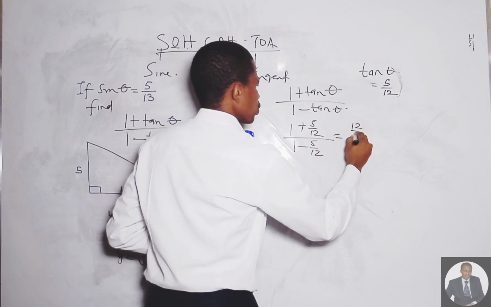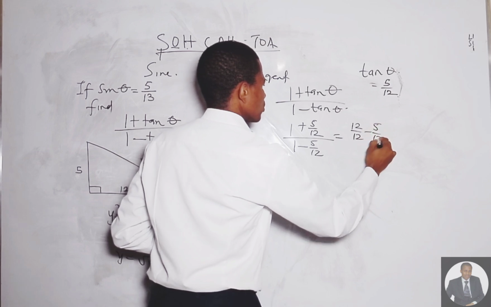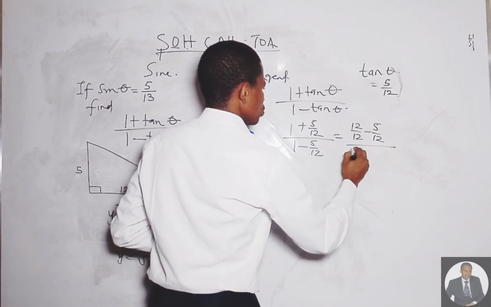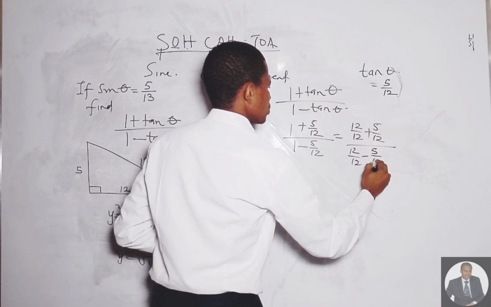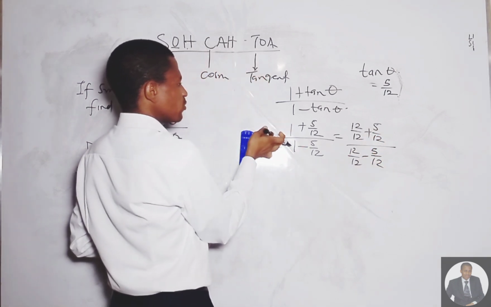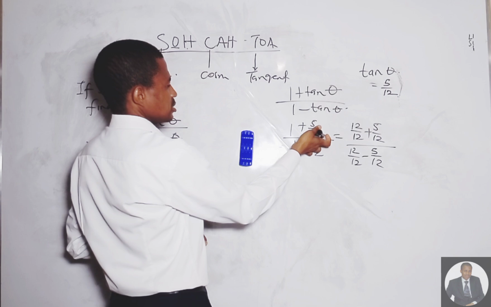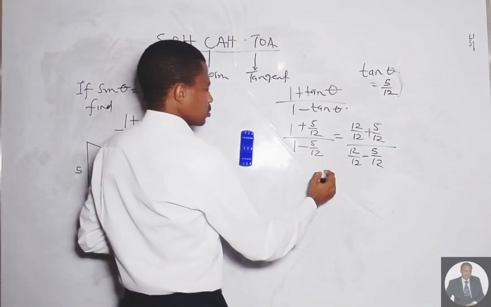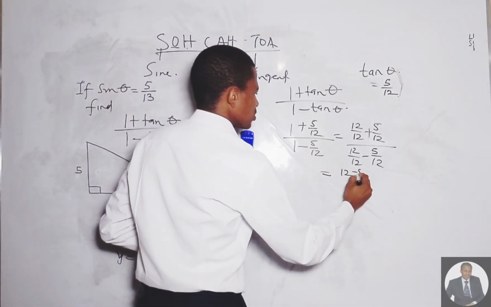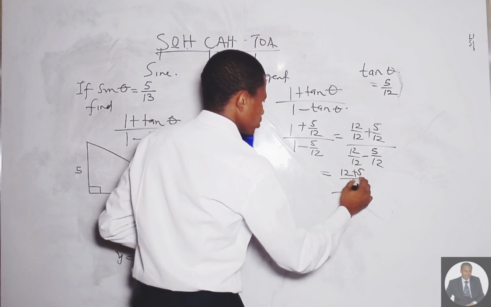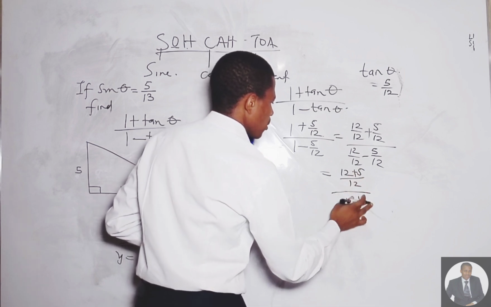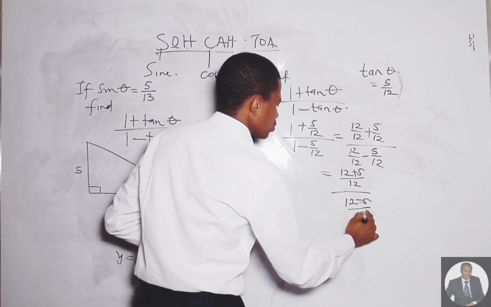This is 12 over 12 plus 5 over 12 divided by 12 over 12 minus 5 over 12. 1 means 12 over 12 using the denominator here. So that will give us 12 plus 5 over 12 all over 12 minus 5 over 12.